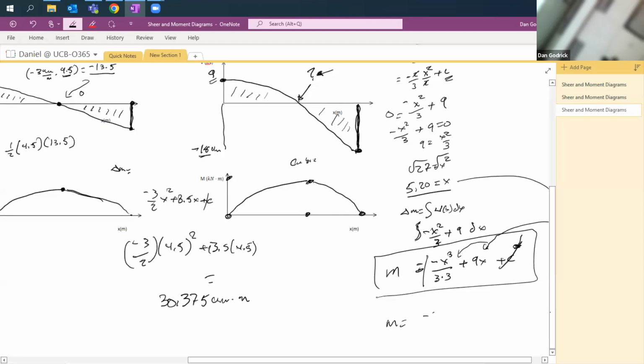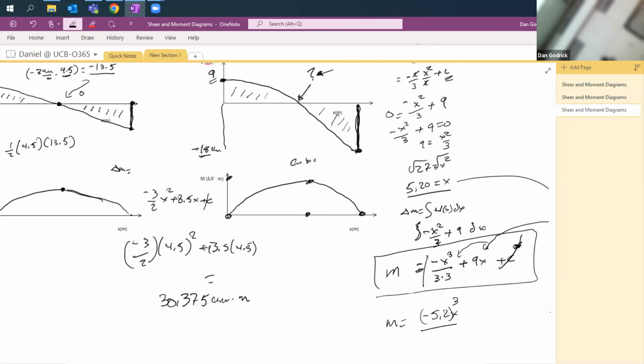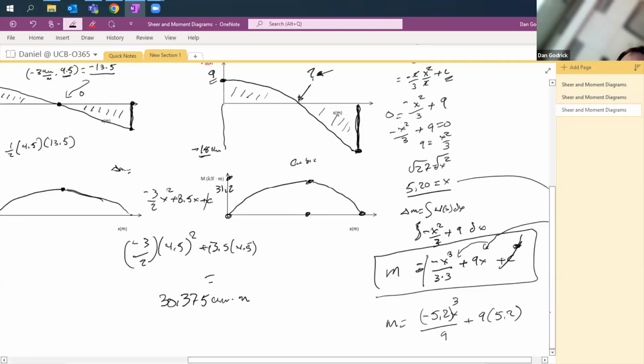Moment equals minus 5.2 cubed divided by 9 plus 9 times 5.2, and I see 31.2. So we know it's 31.2 kilonewton meters.